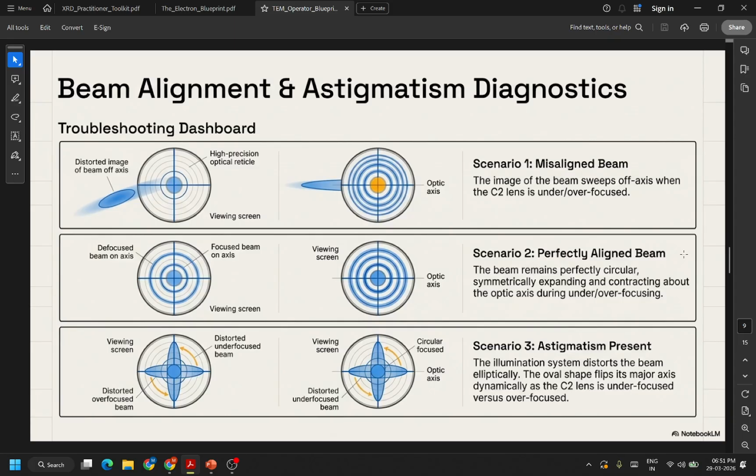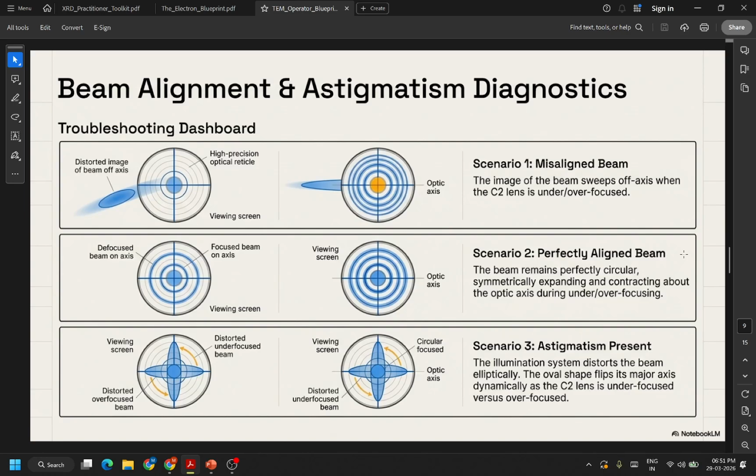So then we do beam alignment and astigmatism correction. There can be misaligned beams, so we have a high precision reticle where you align your beam.